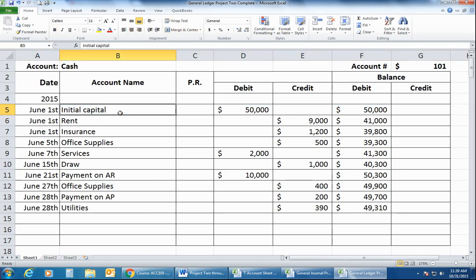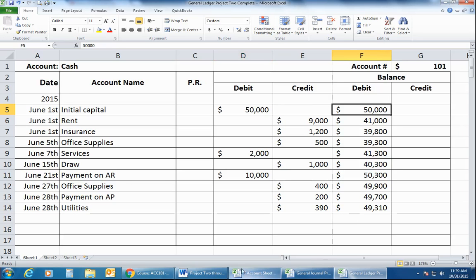In this case, I've added a description, but generally descriptions are not necessary unless the transaction is abnormal. Here we have a debit entry of $50,000, and that's the deposit of cash into that account, and that is going to give us a $50,000 debit balance.